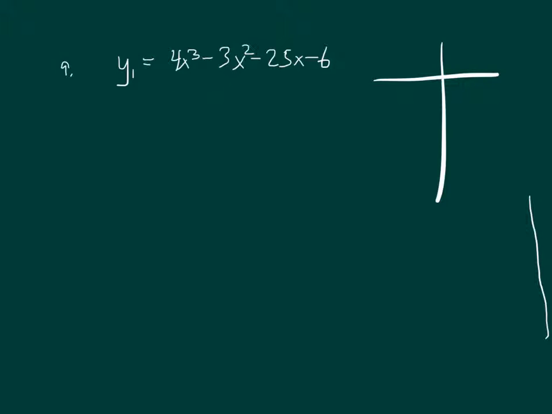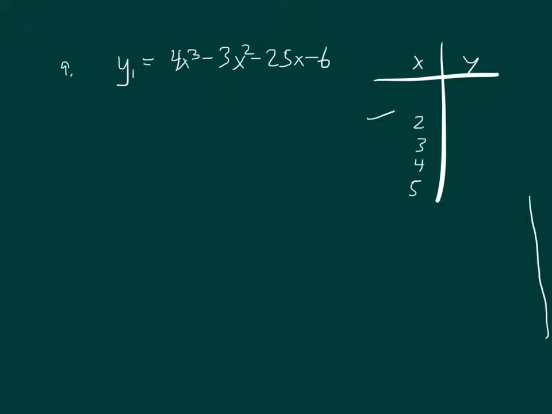You can try all of these here, but for number 9, what you could do is go into the calculator, type in y1 equals 4x cubed minus 3x squared minus 25x minus 6. And in your table, where you have x and y, the calculator will plug in all these different options for x here.